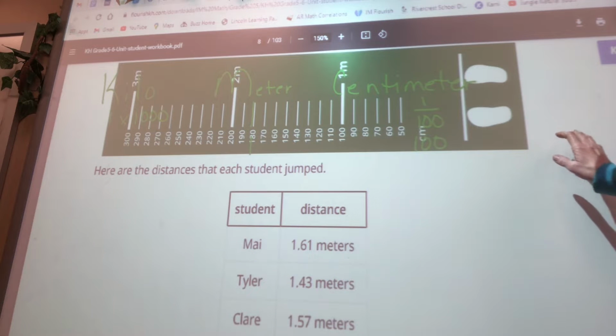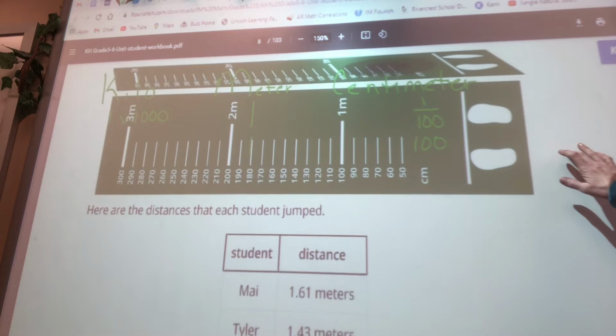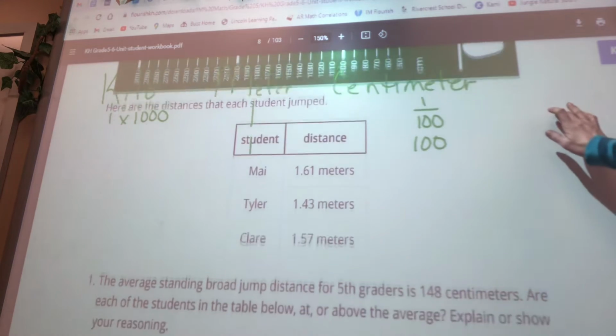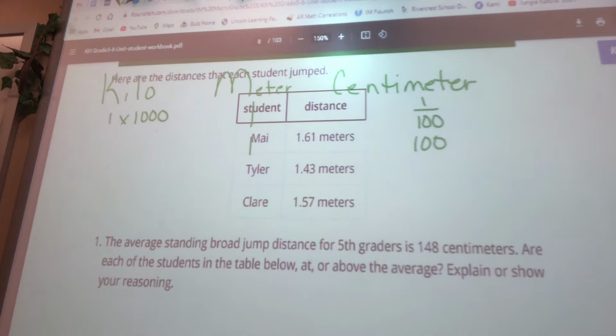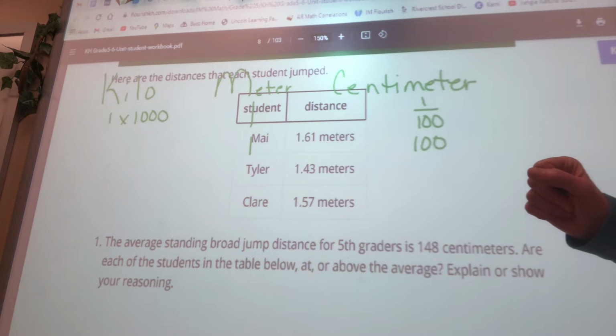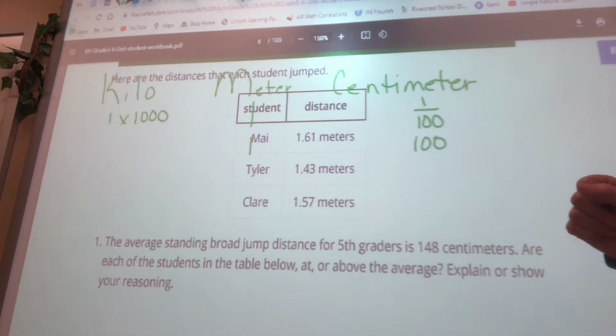And they tell us that Maya jumped 1.61 meters, and Tyler jumped 1.43 meters, and Claire jumped 1.57 meters.